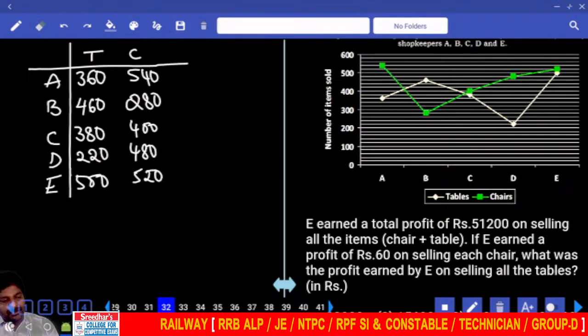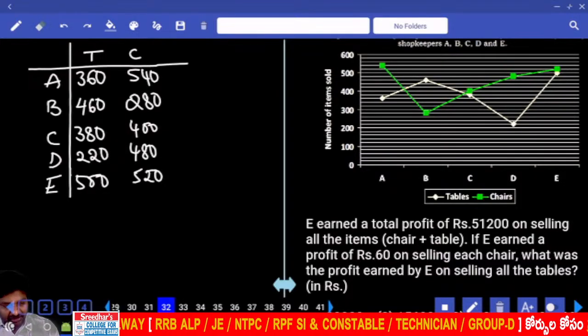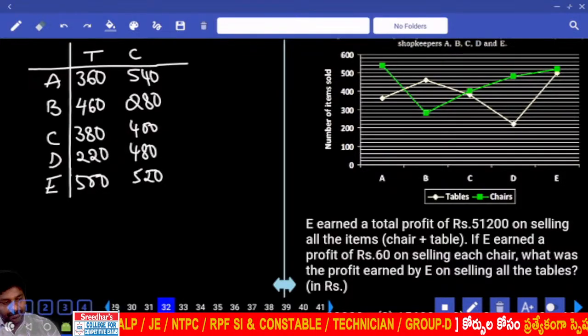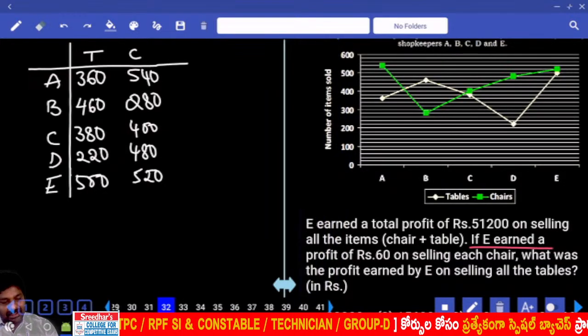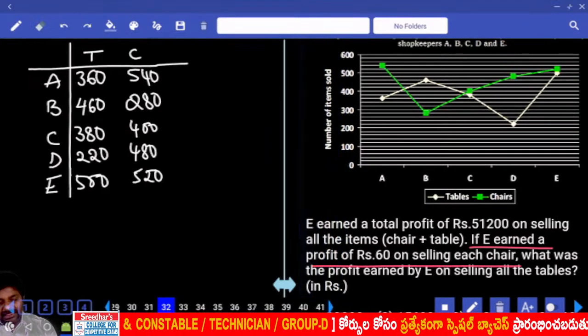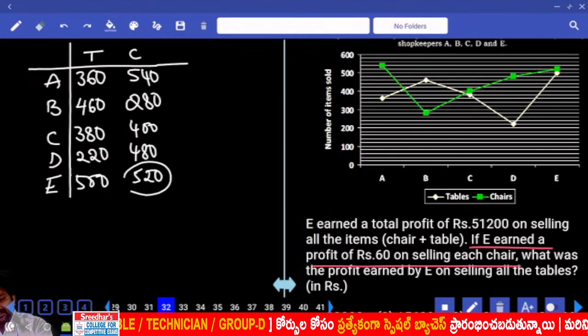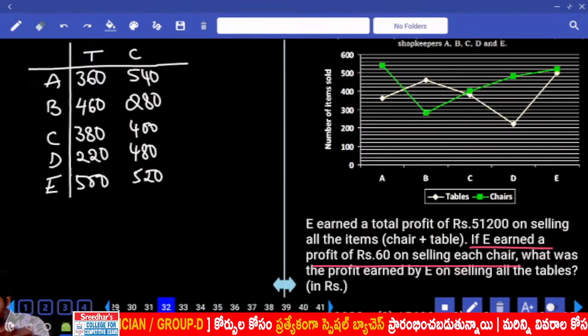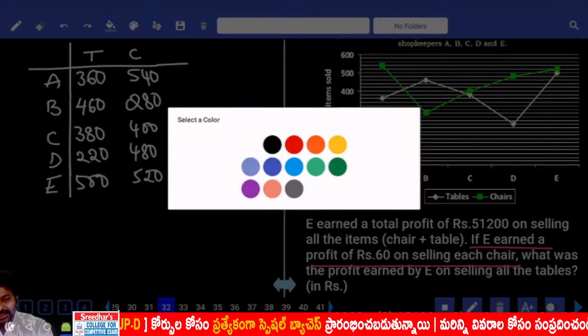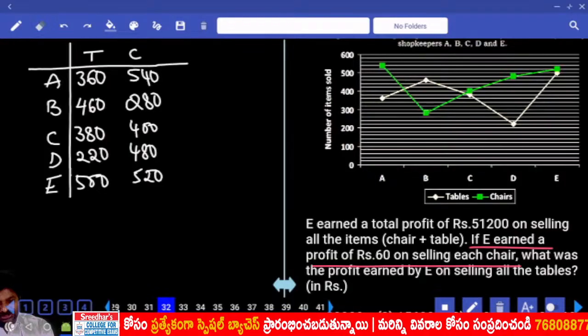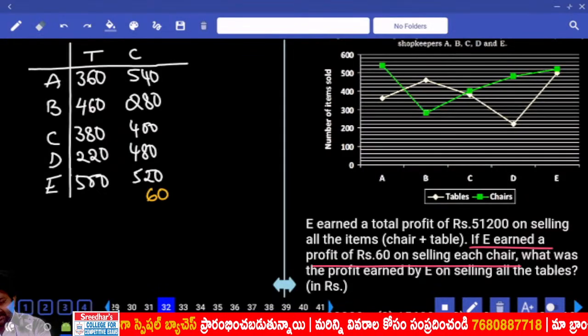E earned a total profit of 51,200 on selling all the items. E earned a profit of 60 rupees on selling each chair. E sold a total of 520 chairs, and by selling each chair, profit is 60.